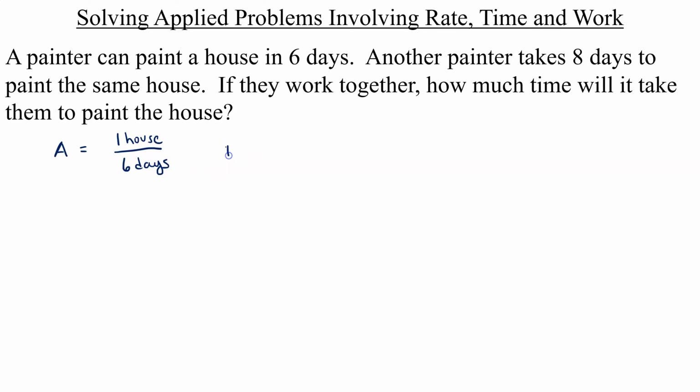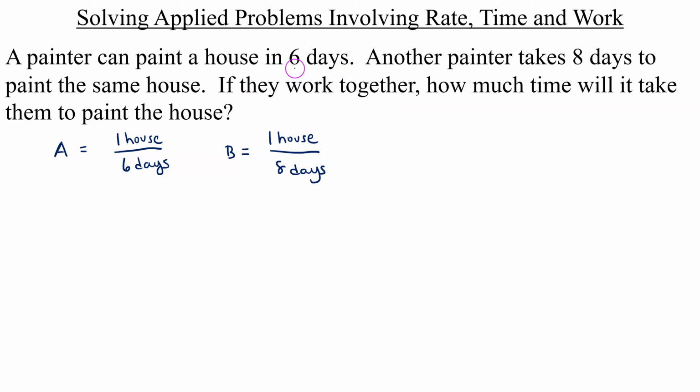Another painter, we'll call him Painter B, takes 8 days to paint the same house. So his rate is one house for every 8 days. And we want to know, if they work together, how much time will it take them to paint the house?